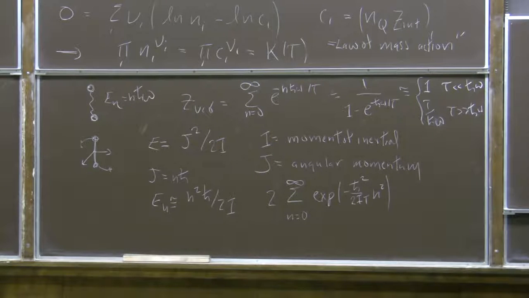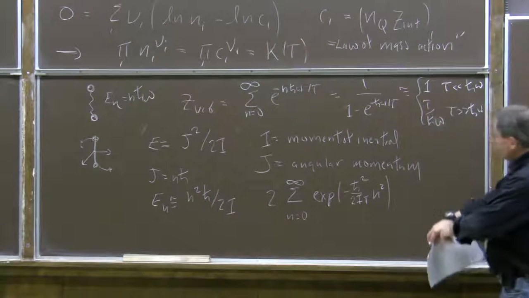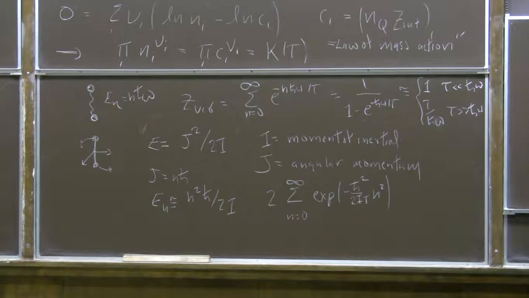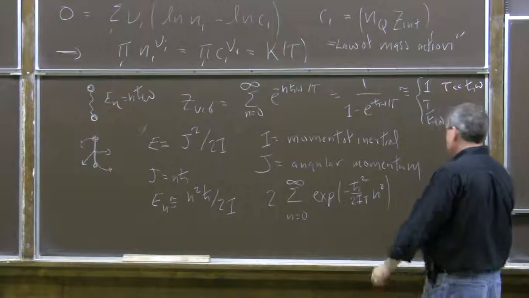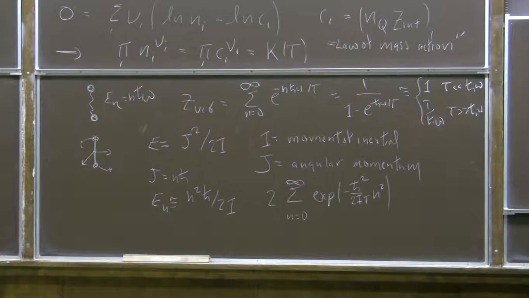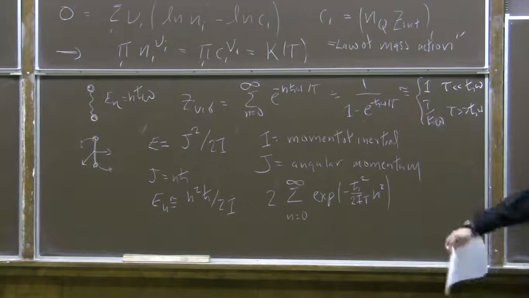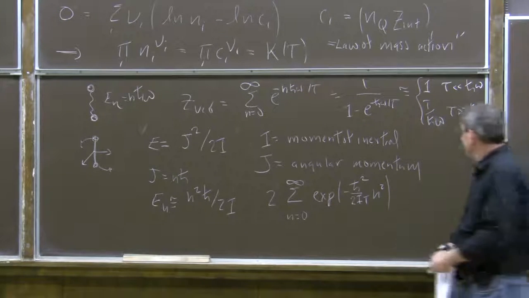So again, there's some characteristic spacing, although now the energies go like n squared instead of n, so that when the temperature is small compared to the spacing between the rotational ground state and the first rotational level, which has energy h bar squared over 2I, then the rotation freezes out, and the rotational partition function also becomes 1. Okay?